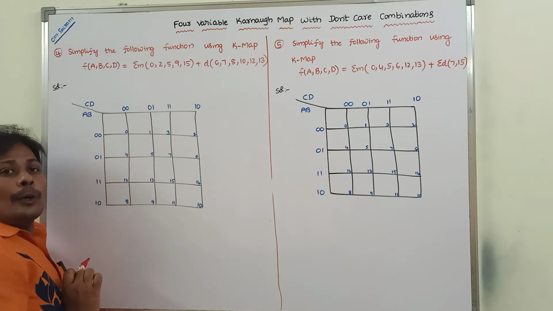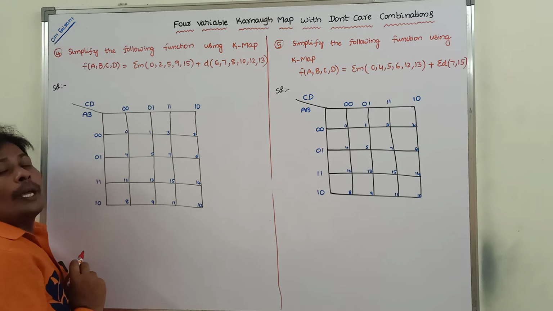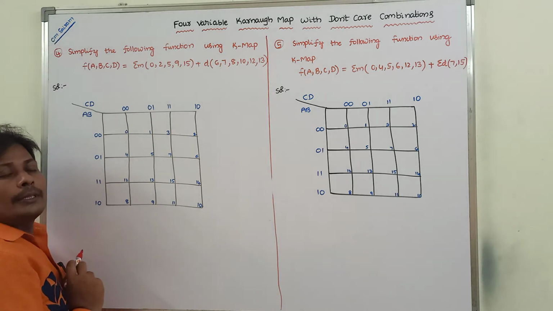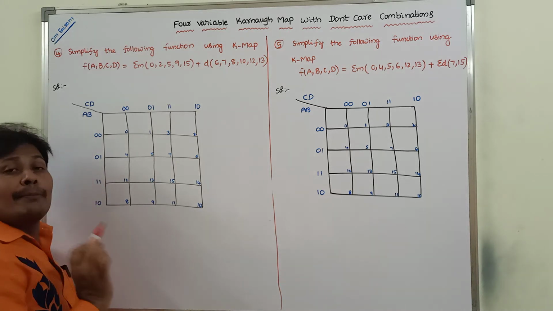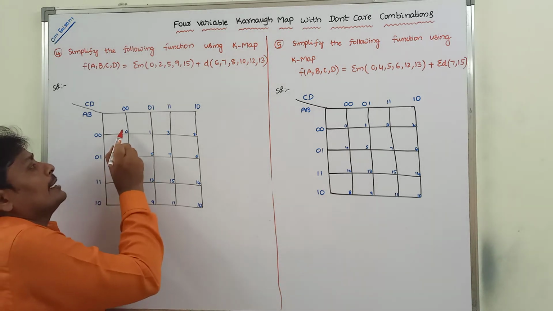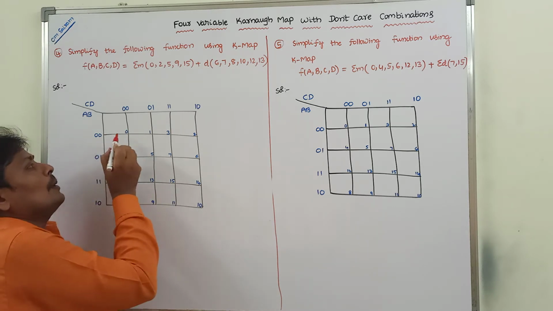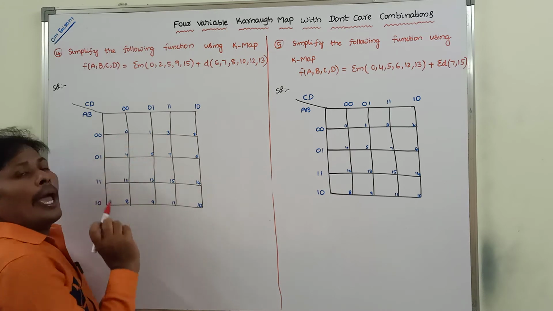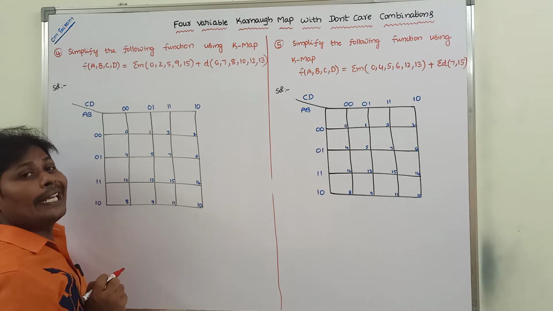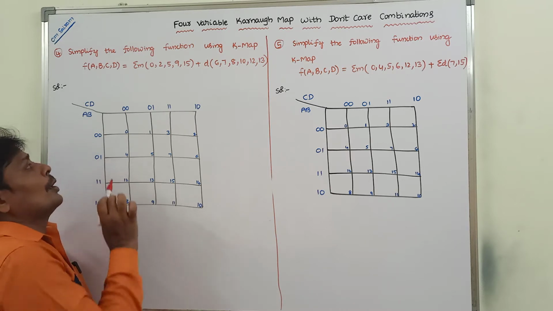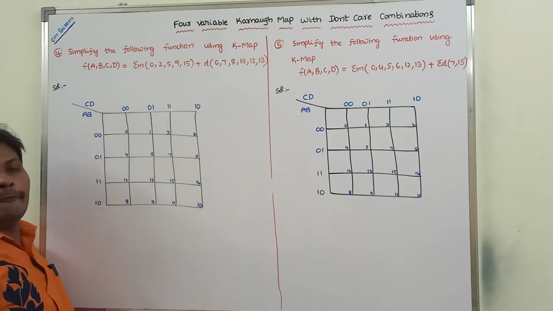By taking the row wise value and column wise value, we are getting a 4-bit value. The equivalent decimal value can be designated in each and every cell. Here in the corner I am using one digit, which is the decimal equivalent of the row wise value and column wise value.